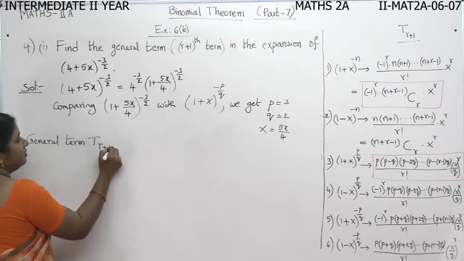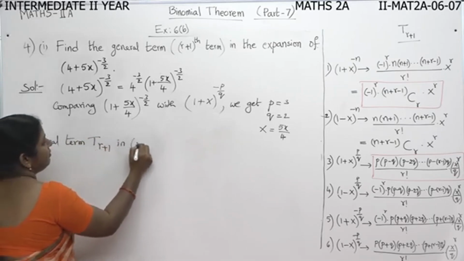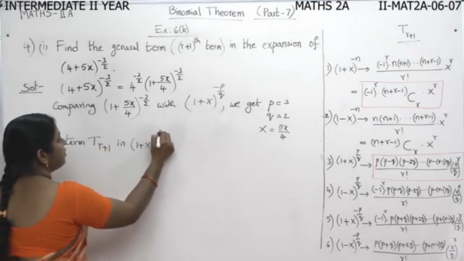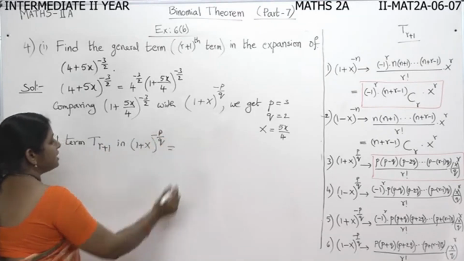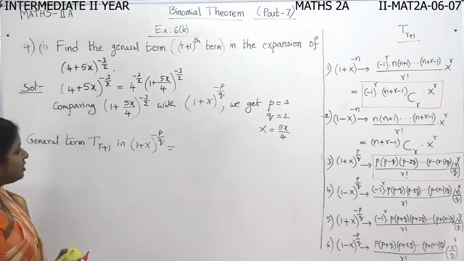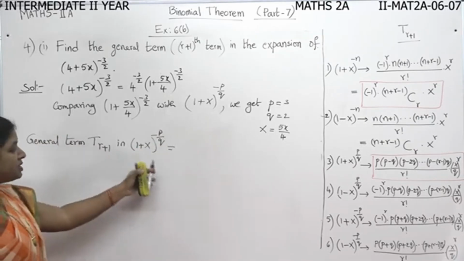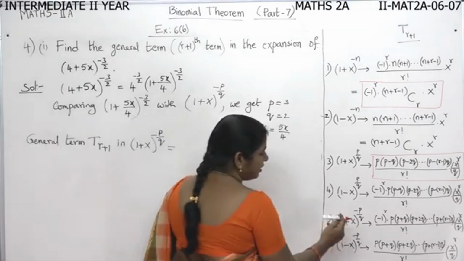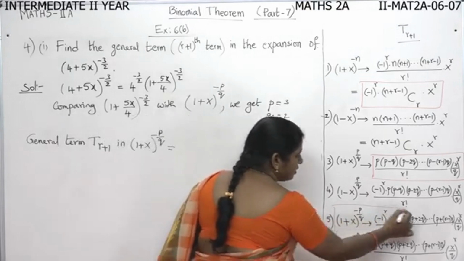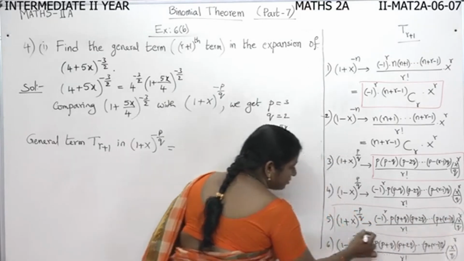The general term tr plus 1 in 1 plus x to the power of minus p by q is given by, see, among the formulas we have written, which format is where, 1 plus x to the power of minus p by q is of this formula.